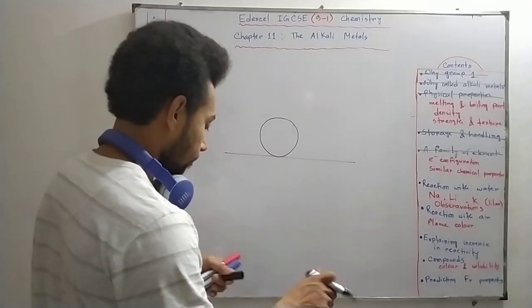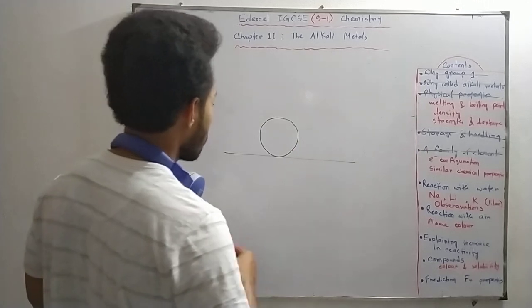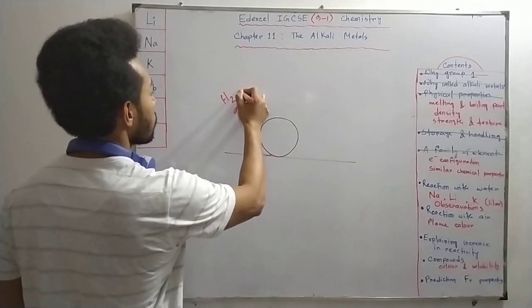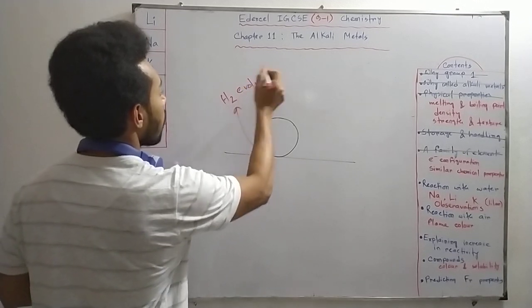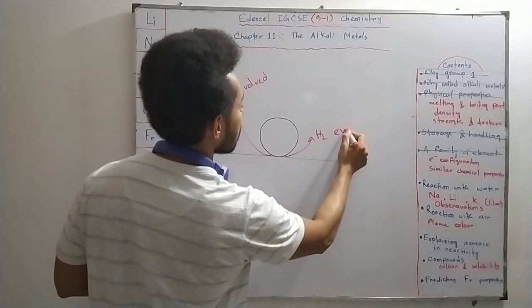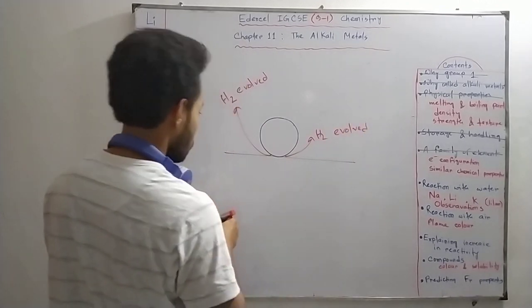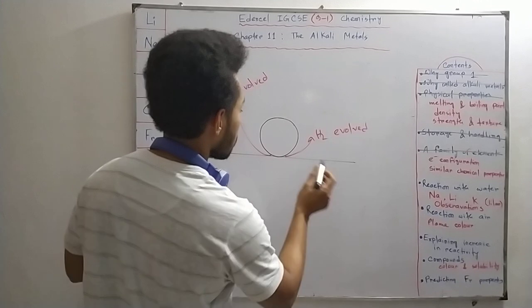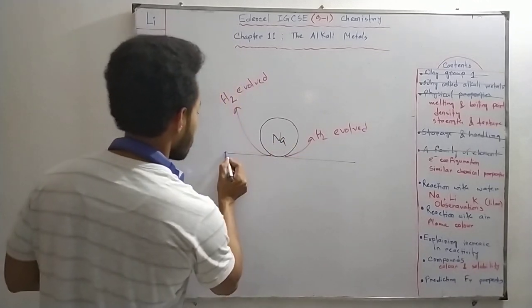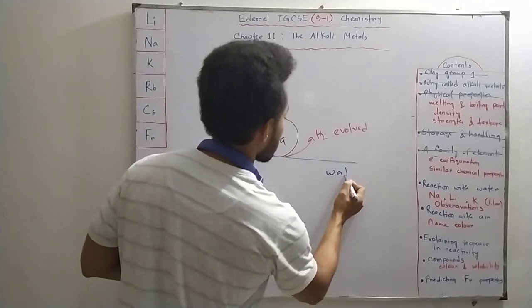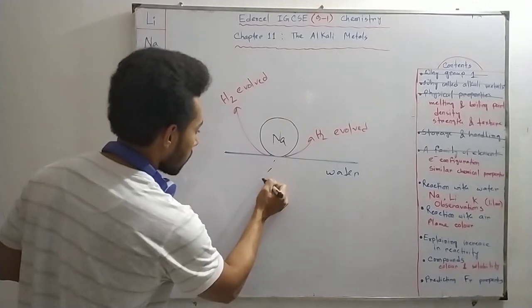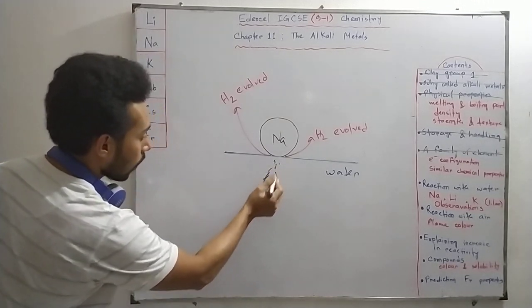Observations. H2 evolved. This is sodium. This is water, and there will be a white trail.